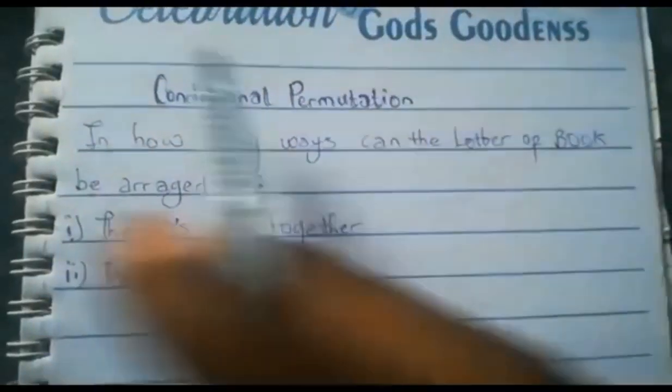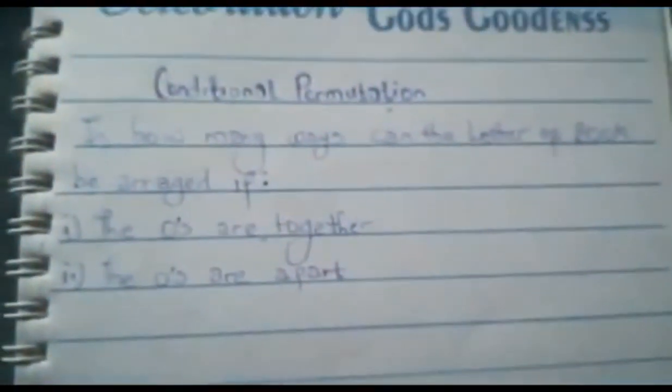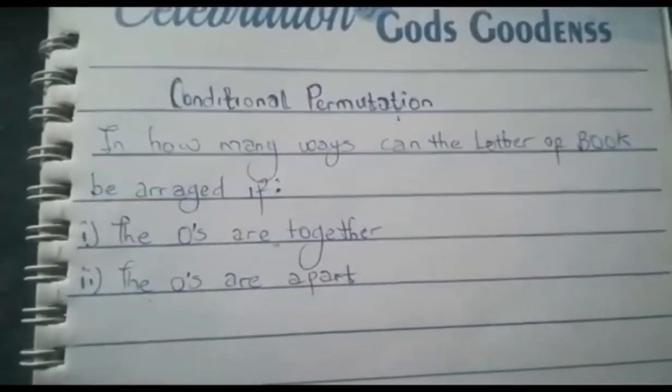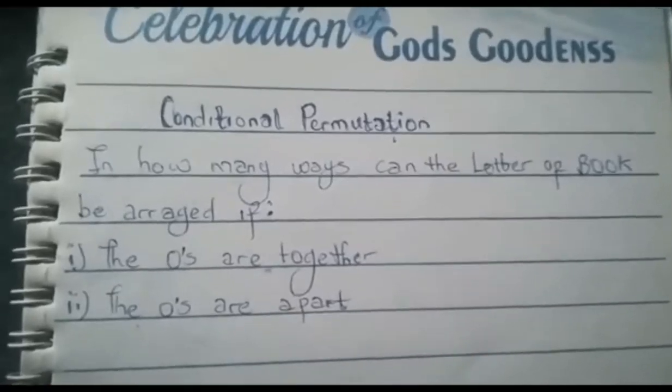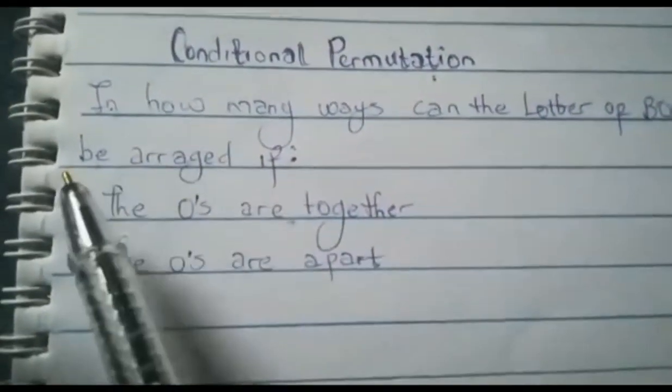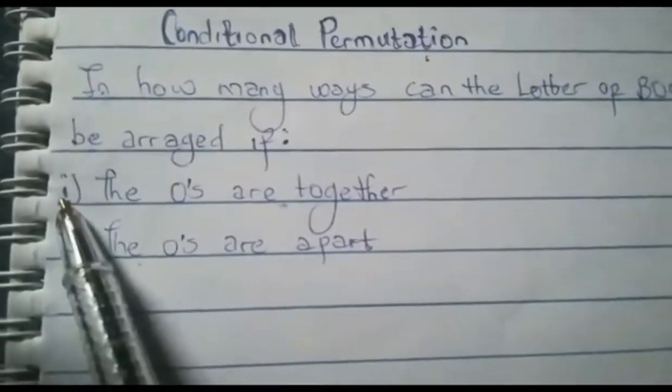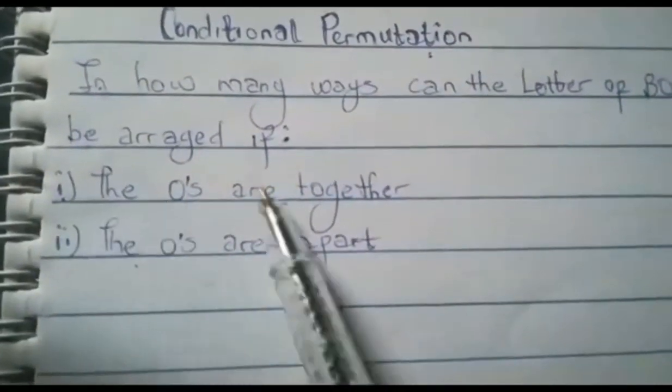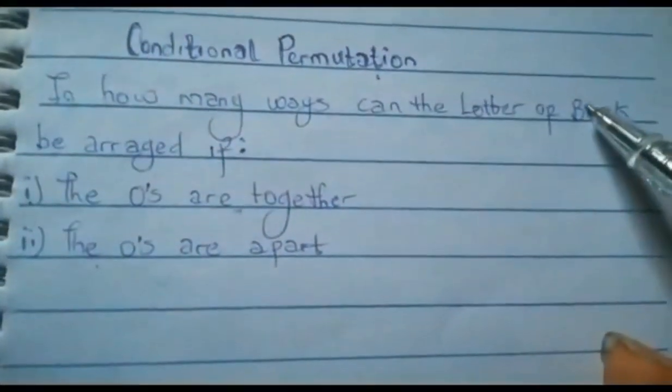Now we have conditional permutation. This has to do with permutation when a particular condition is made. In how many ways can the letters of book be arranged if, first, the O's are together? We consider the word B-O-O-K.